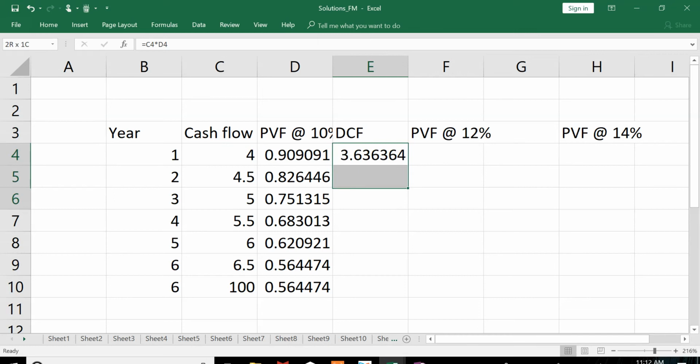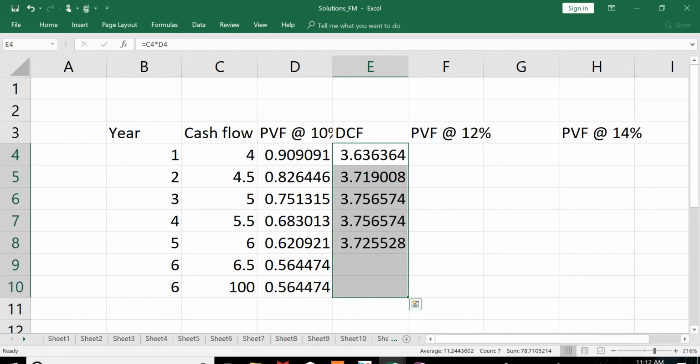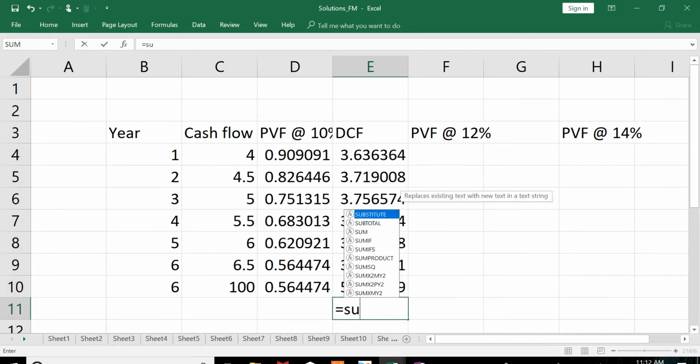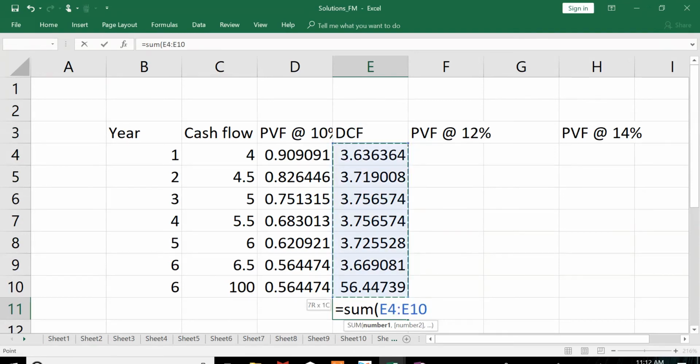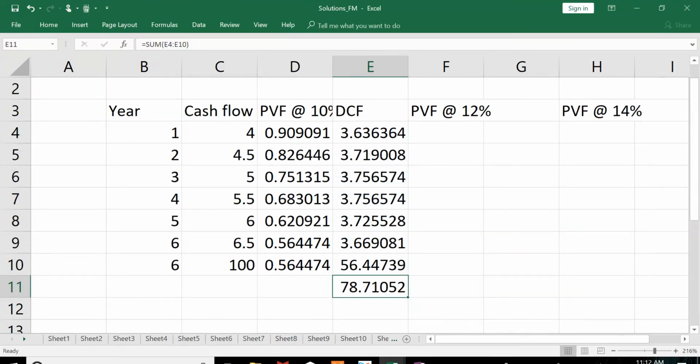According to the person who wants a return of 10%, he should pay 78 lakhs for this building today. That's the valuation. The valuation says you should pay 78 lakhs for this today if at all you want a 10% return.